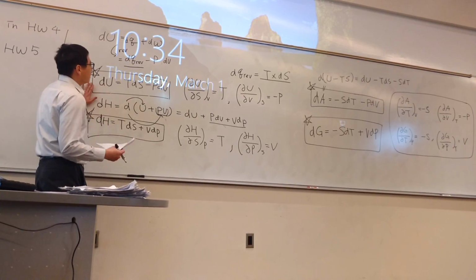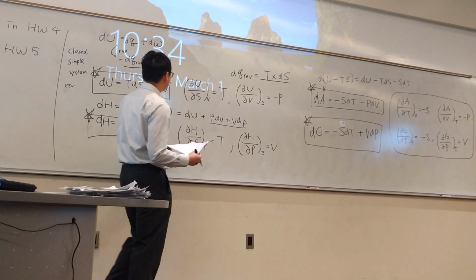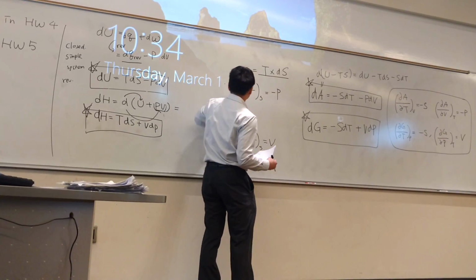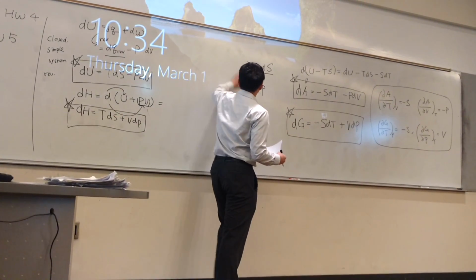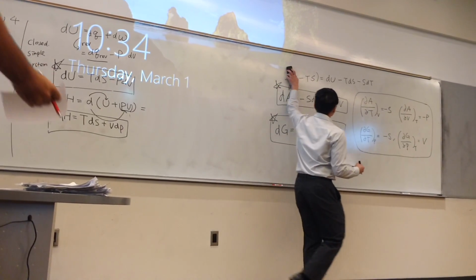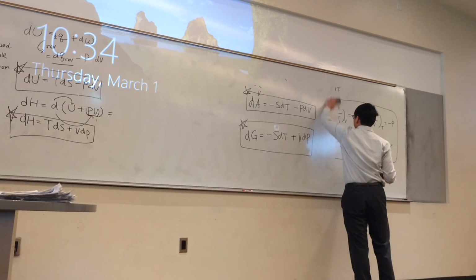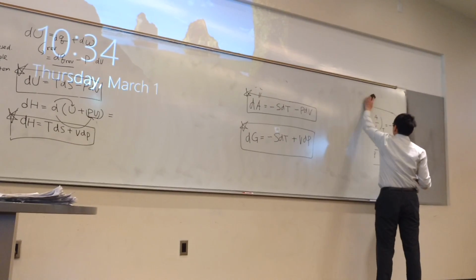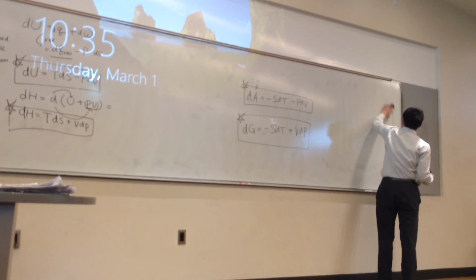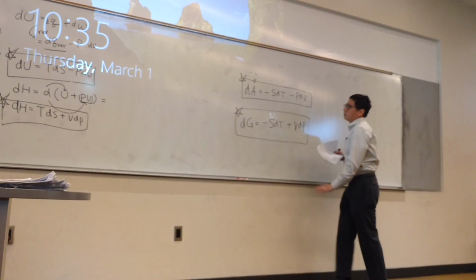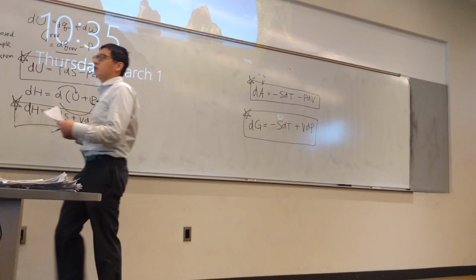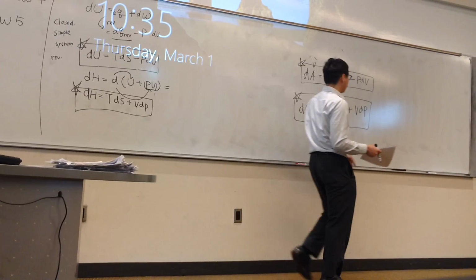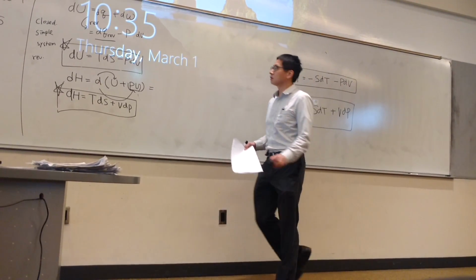So let's start from here. I'm going to erase this. We now know U, H, A, and G are all state functions, right? When it is a state function, that means it is exact.